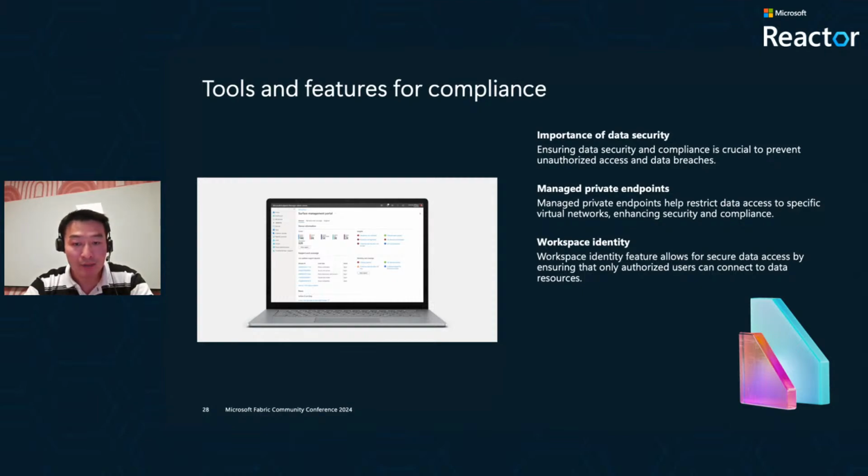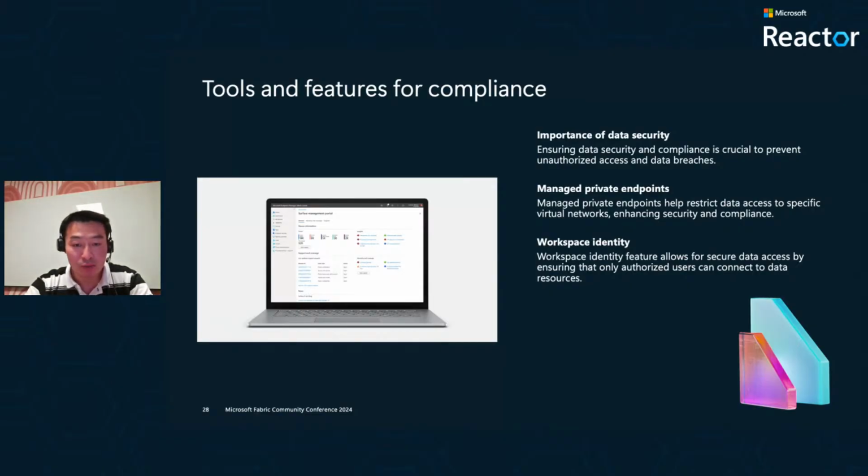So by managing your private endpoint, you can restrict data access to the specific virtual network to enhance your data going to be in a secure and compliant way, right? Will not be attacked by any tool outside of your network.